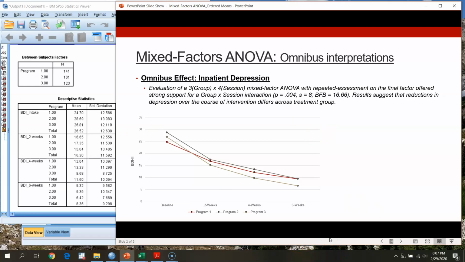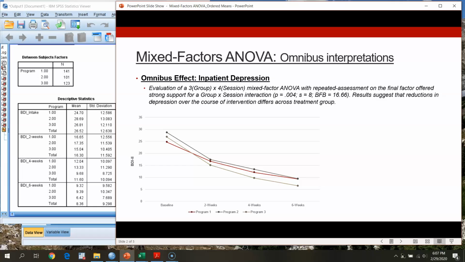Now what we want to do is figure out what our approach is going to be to teasing out what's going on in this interaction. Now, if we've committed these patients into treatment, we're assuming that all of these treatments are going to be effective, right?